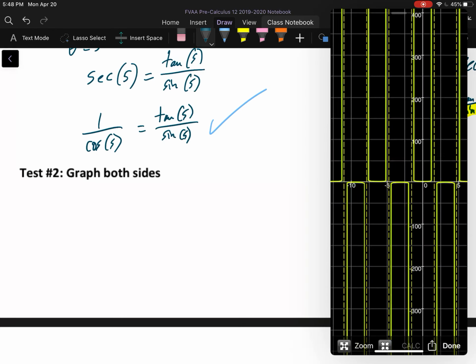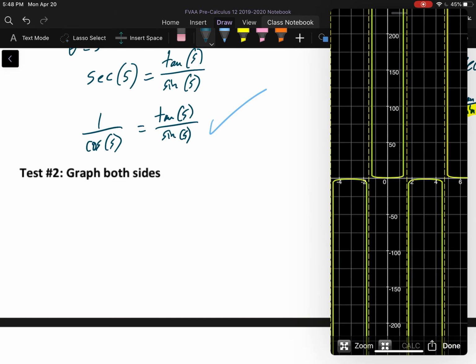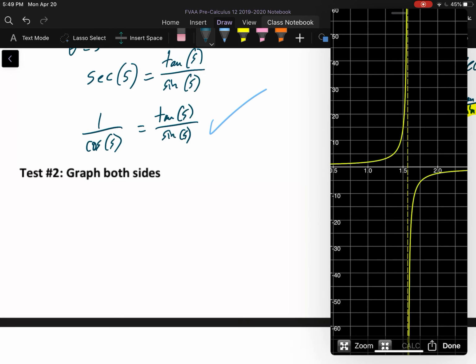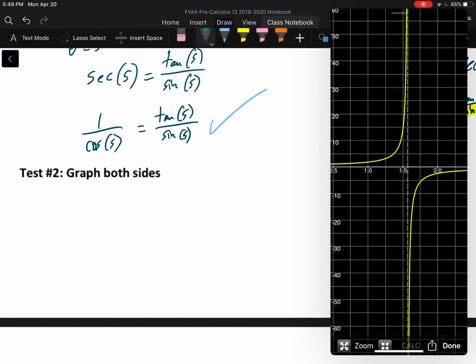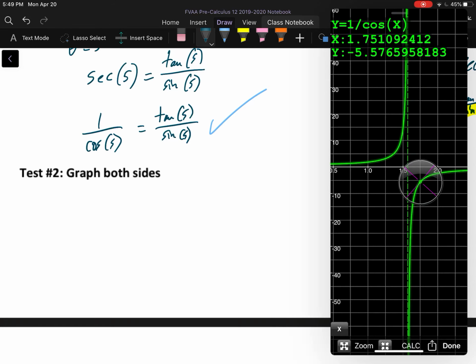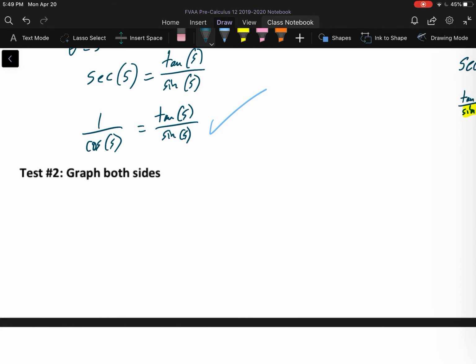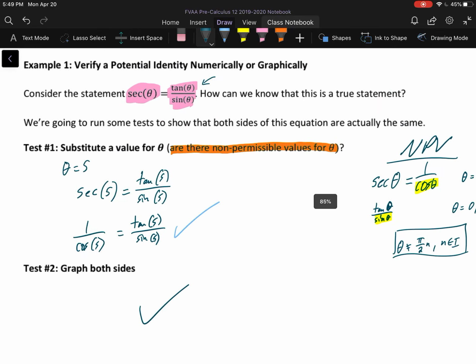It's one line that follows the tan function, but it is just one line. The green line was the 1 over cos x, and the yellow line that I could see is the tan x over sine x. So you can see that they are the same line. Both graphically and numerically, we were able to show that this identity was true.